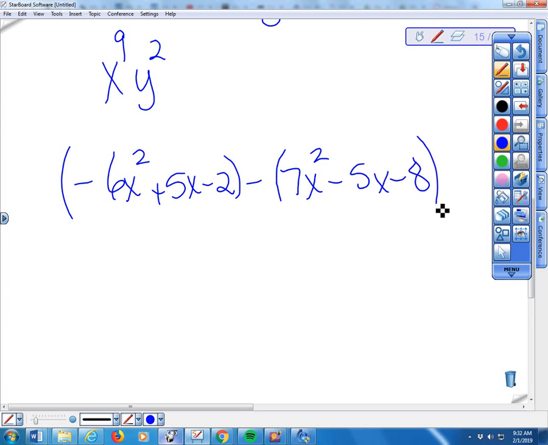Okay, this is a subtraction problem, not a multiplication problem. I had at least one person foil this. This is a subtraction problem. So I'm going to just work the parentheses first. There's a 1 outside here. If I distribute that, I can drop the parentheses. There's a negative 1 outside here, so I've got to distribute that through.